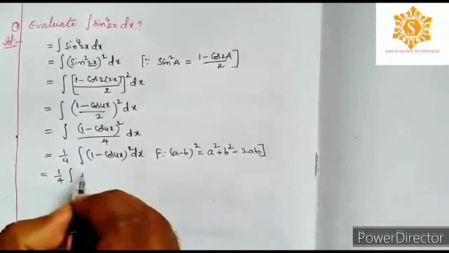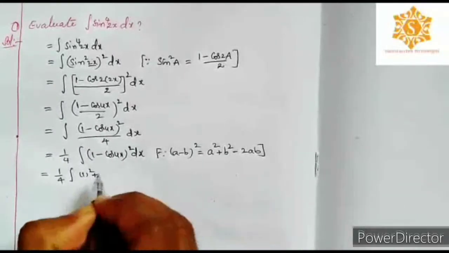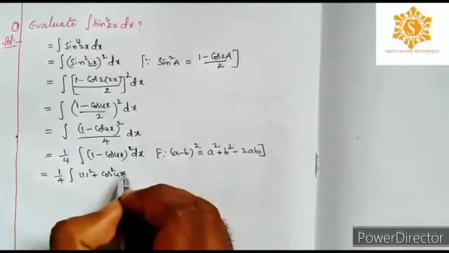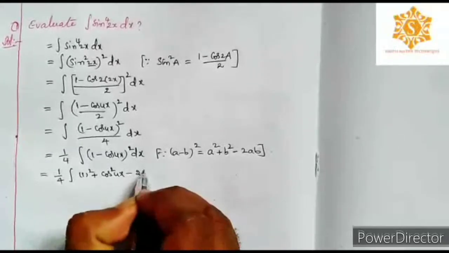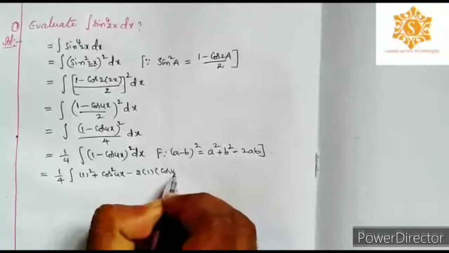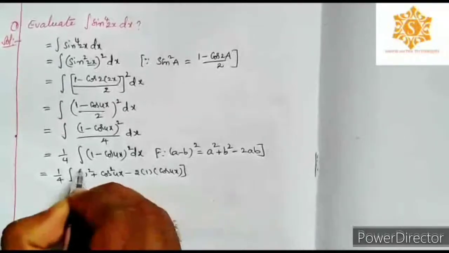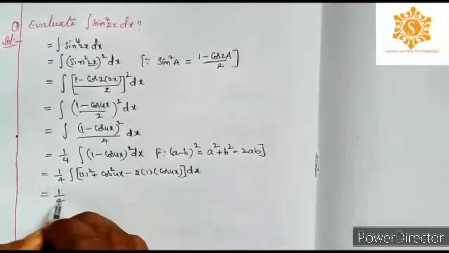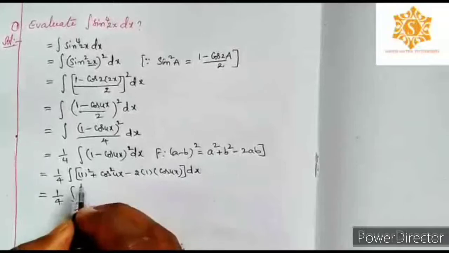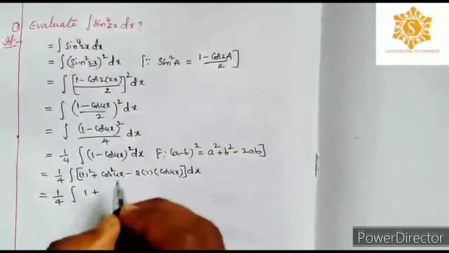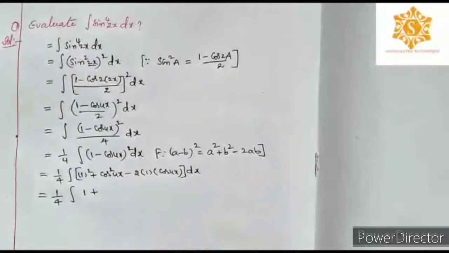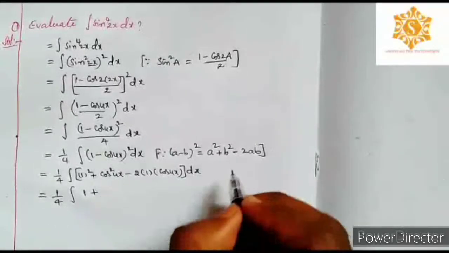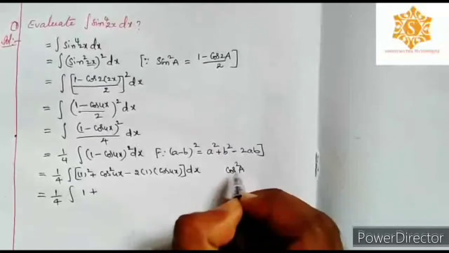So now a square, that is 1 square, plus b square, that is cos 4x whole square, that is cos square 4x, minus 2ab, 2 into 1 into cos 4x into dx. That is equals to 1 by 4 into integration of 1 square value is 1 plus cos square 4x. So here you can use the formula cos square a.